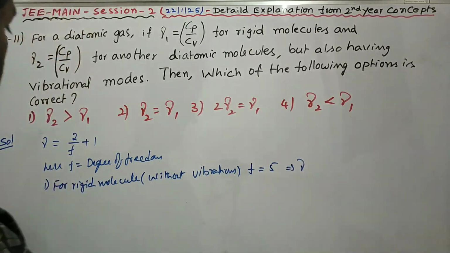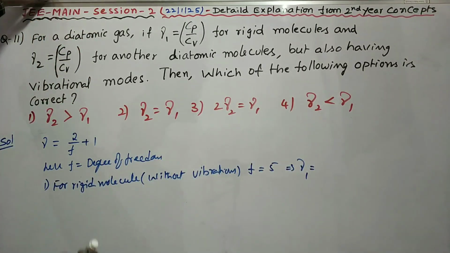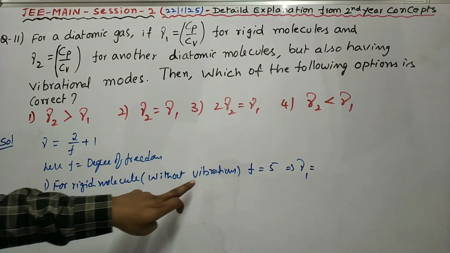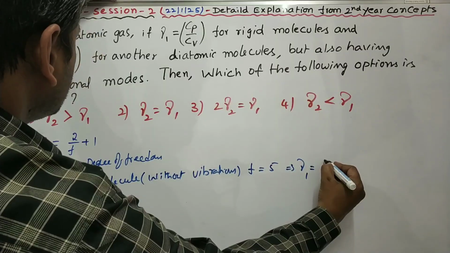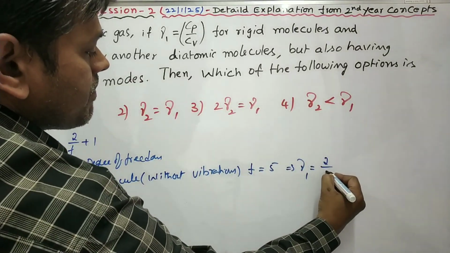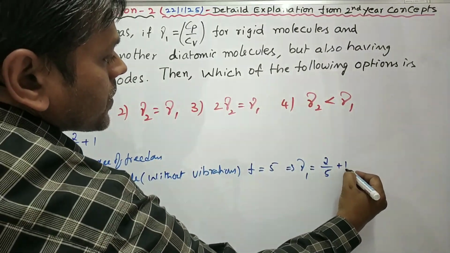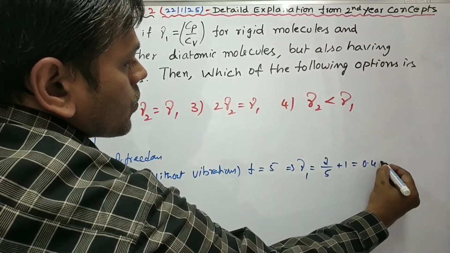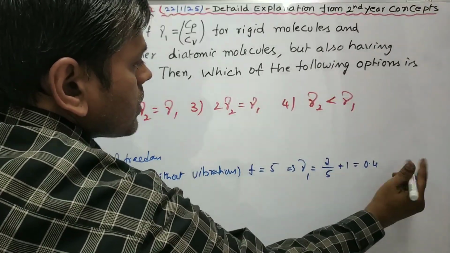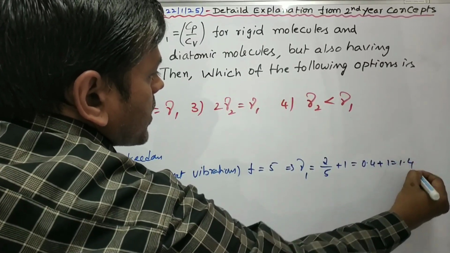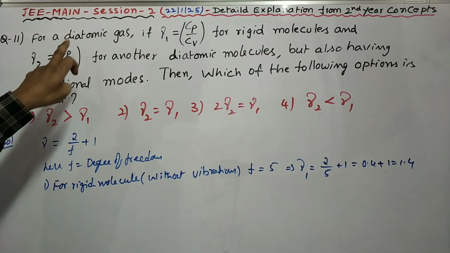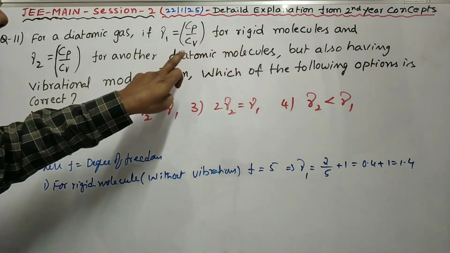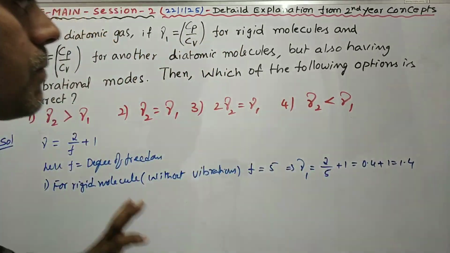That implies gamma 1 is equal to 2 by 5 plus 1, which is 0.4 plus 1, that is 1.4. So for a diatomic gas with rigid molecules, gamma 1 is equal to 1.4.